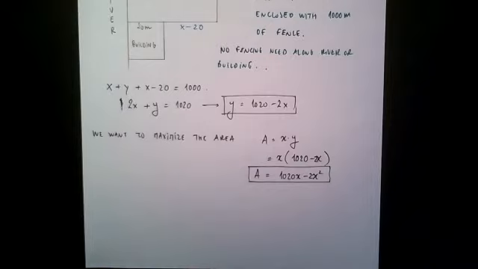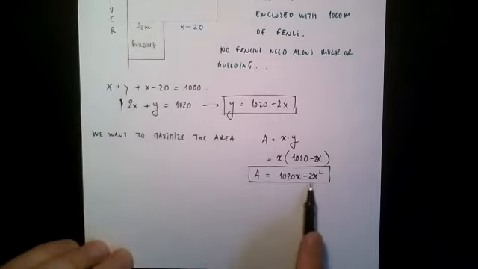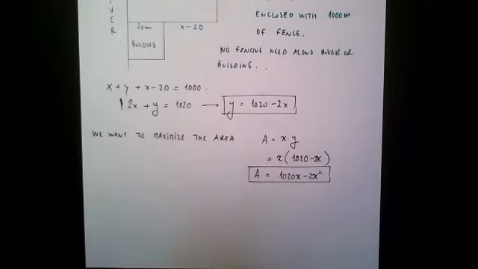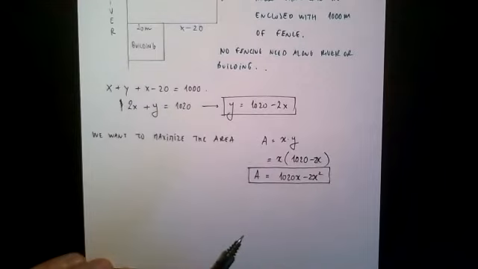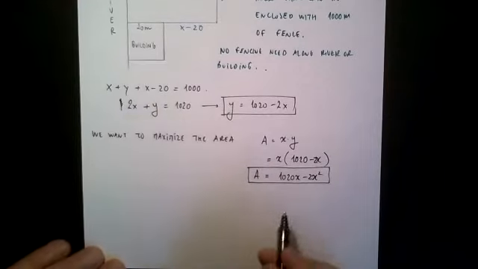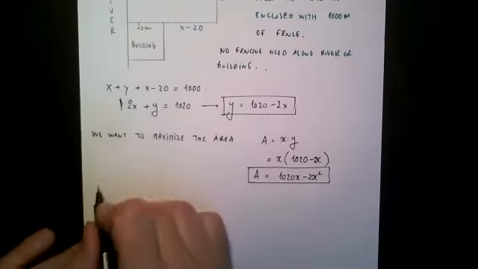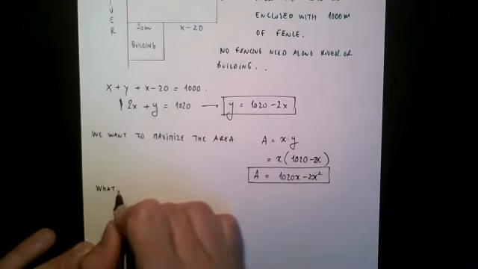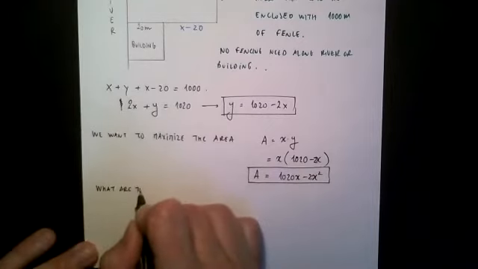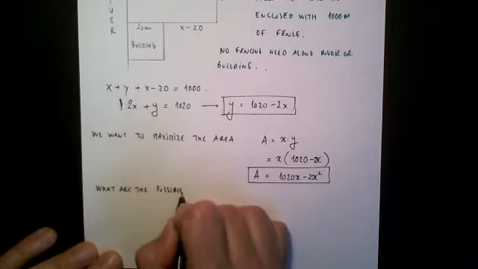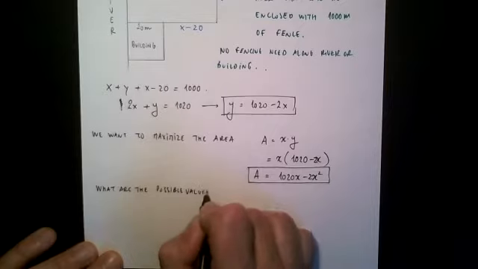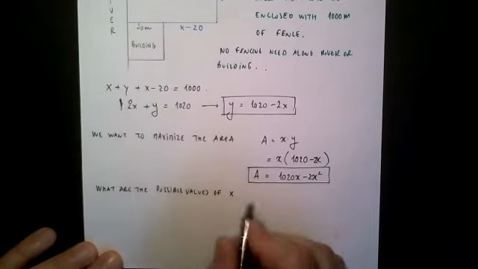So we need to find the maximum value of this function. I need to decide over what interval, because I want to translate this into a problem just like we did yesterday. So what are the possible values of X?